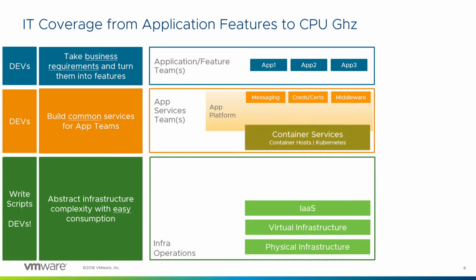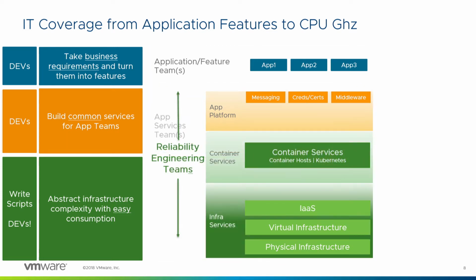So the one piece I'll identify is that the container services sit somewhere in between infrastructure and the application teams. So the application teams, if they don't have to manage a Kubernetes cluster, that gives them more time to create additional services. Now, arguably, this term reliability engineering is spread across all of the teams. Up here, obviously, the app teams, they certainly have CI/CD pipelines and all these processes associated with development.